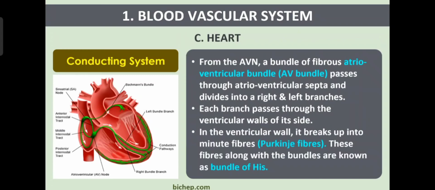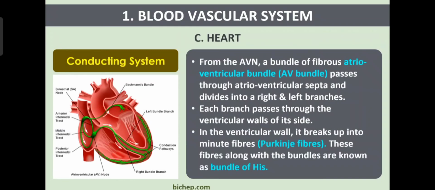Now both reach the ventricles. Each branch passes through the ventricular wall of its side. The right AV bundle goes to the right ventricle, and the left AV bundle goes to the left ventricle. You can see that in the diagram as the green color line. When they come to the ventricular wall, it breaks up into minute fibers.